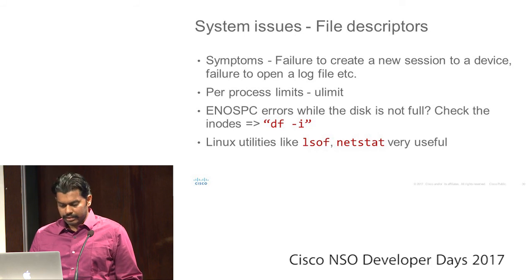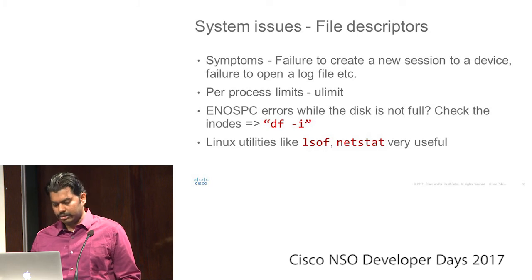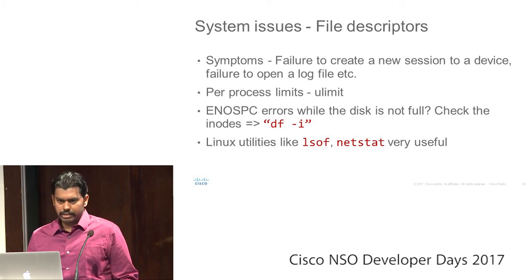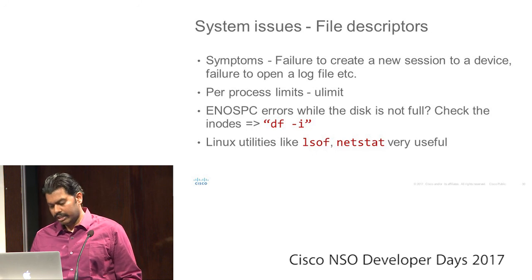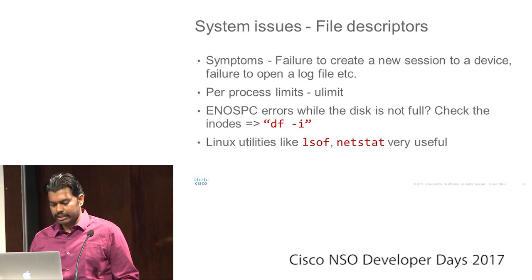But then I have seen issues where you get this no space error when you're starting up NCS, but the disk is not full. In those cases, maybe your inode table is full. So then you need to check if you have free inodes. You can check that with the df command with the -i flag.